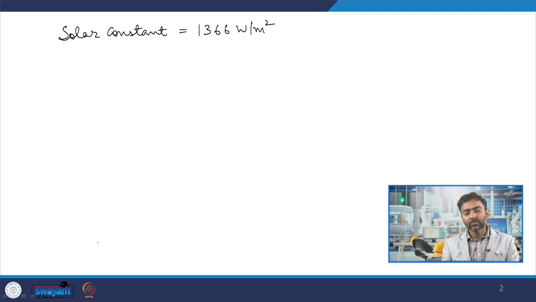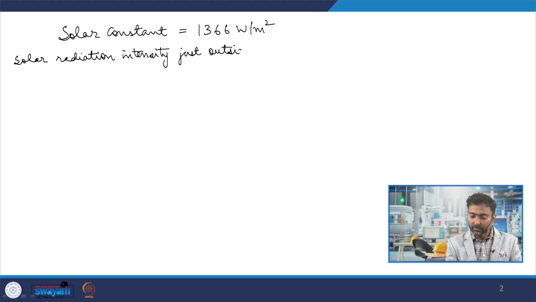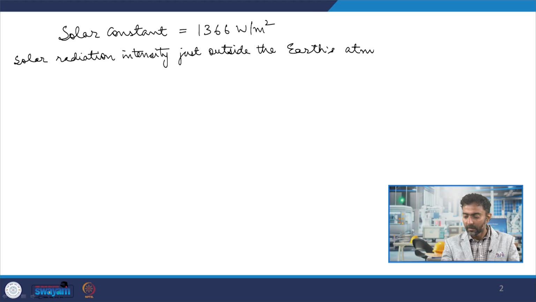So, that is the solar constant, which is basically the solar radiation intensity just outside the Earth's atmosphere.